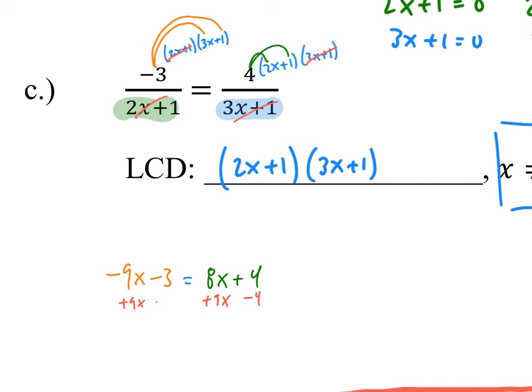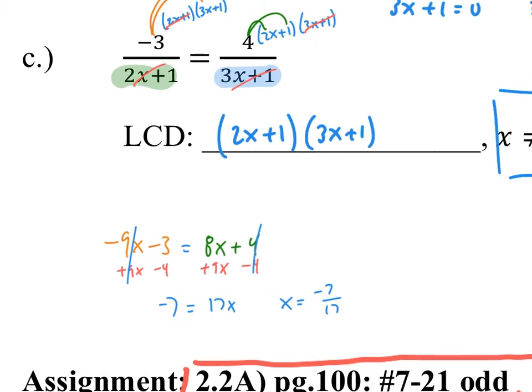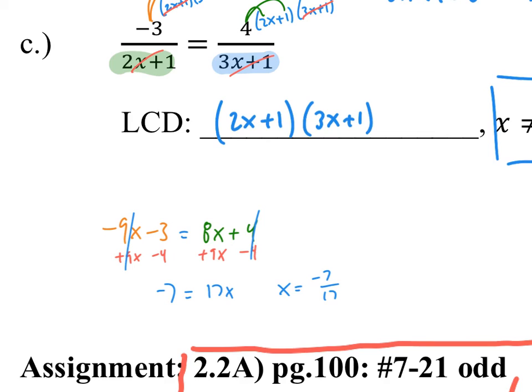So subtract 4, get -7 equals 17x. Of course, divide by 17. So x equals -7 over 17.